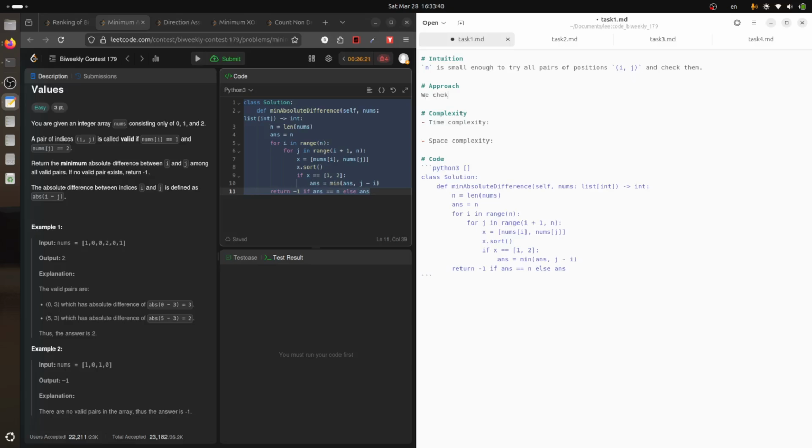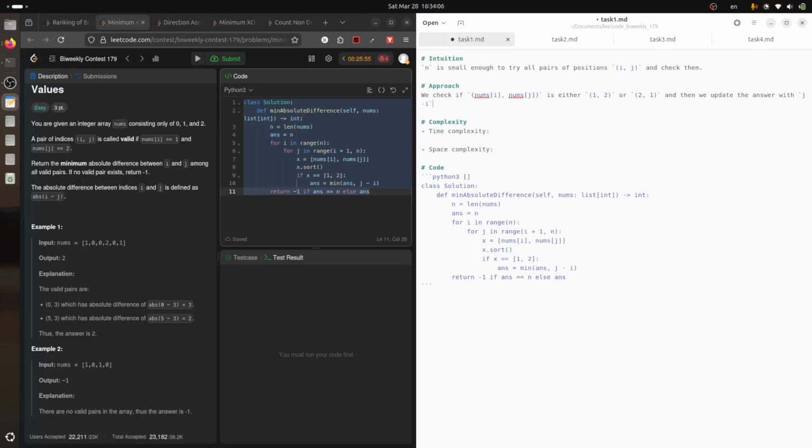We check if nums[i], nums[j] is either 1, 2 or 2, 1, and then we update the answer with j minus i.